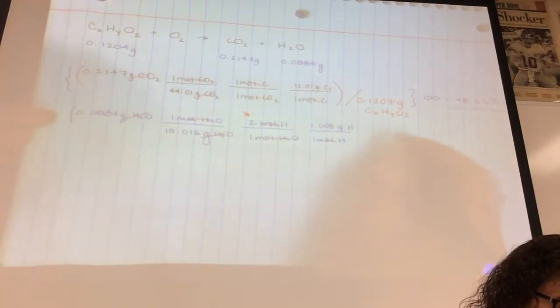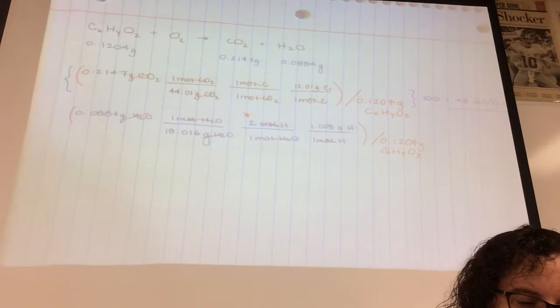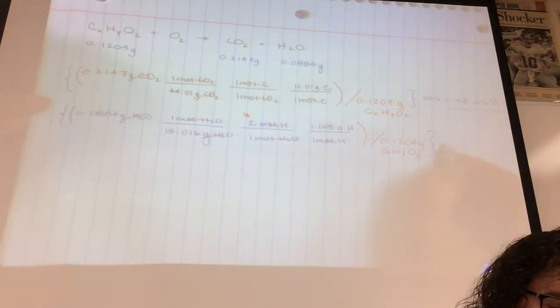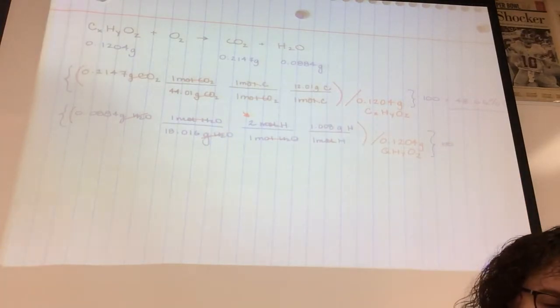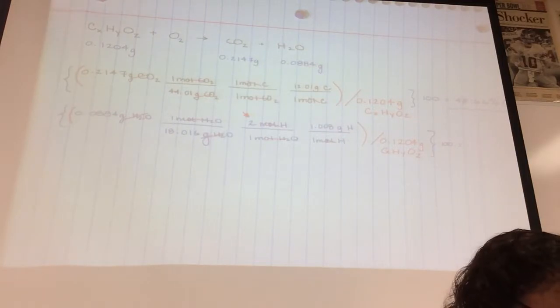And then you're going to divide all of that by the sample in an effort to get the percent of hydrogen in this particular carboxylic acid. You get 8.212 or 8.218.